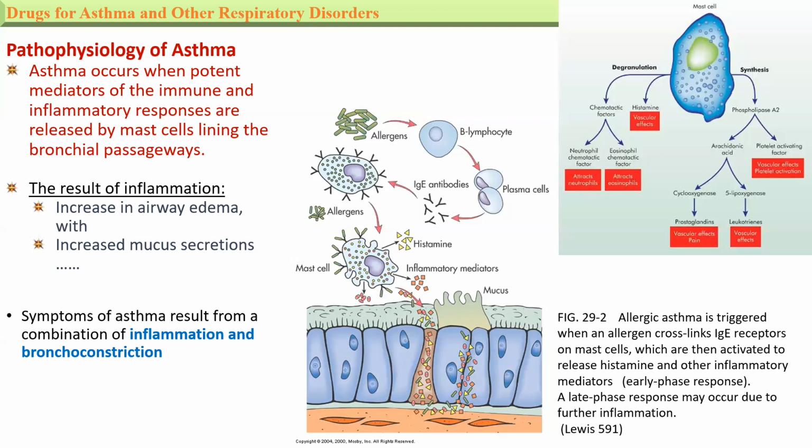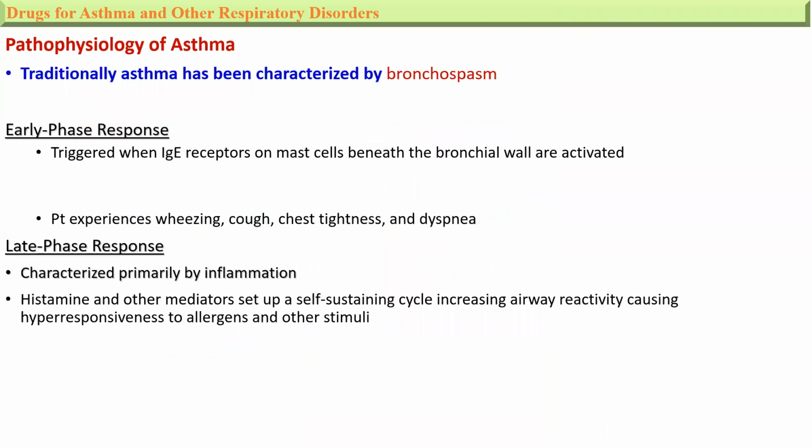Now, the symptoms of asthma result from a combination of both the inflammation and the bronchoconstriction. So the treatment must address both components, the inflammation and the bronchoconstriction. Traditionally, asthma has been characterized by bronchospasm.